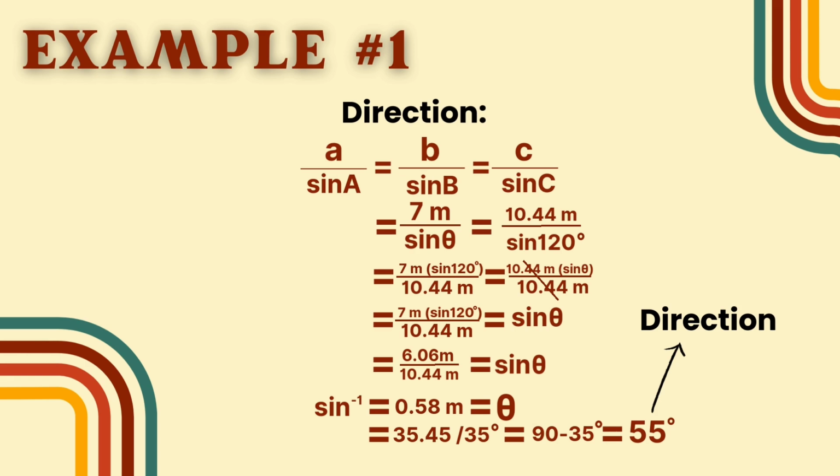Then sin raised to negative 1 of 0.58 is equal to theta, so 35.45 or 35 degrees. So 90 minus 35 is 55 degrees. 55 degrees is our direction.